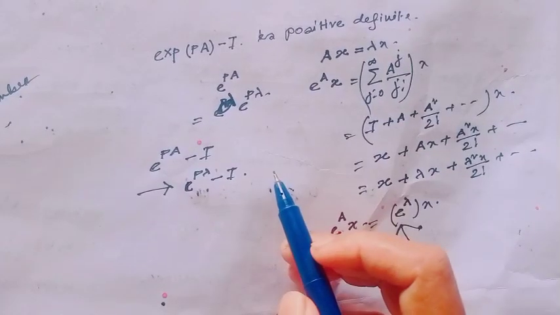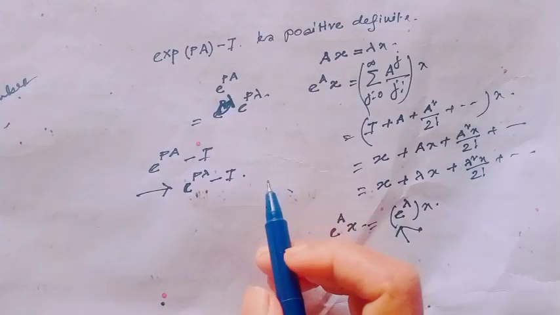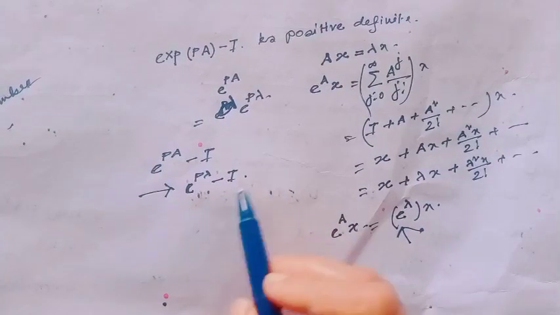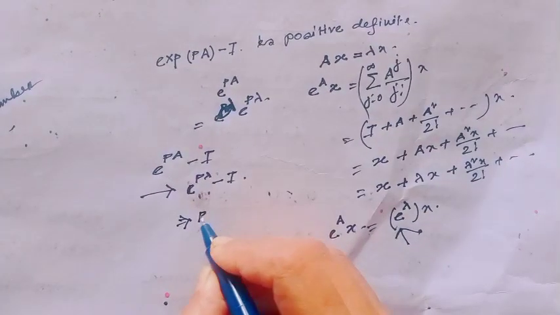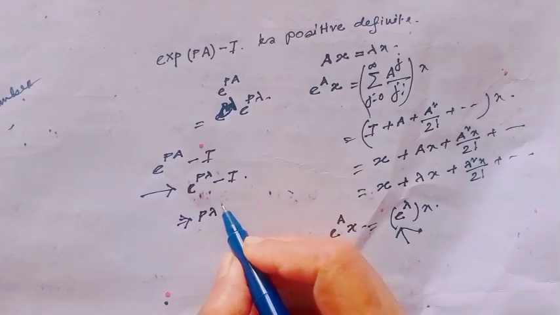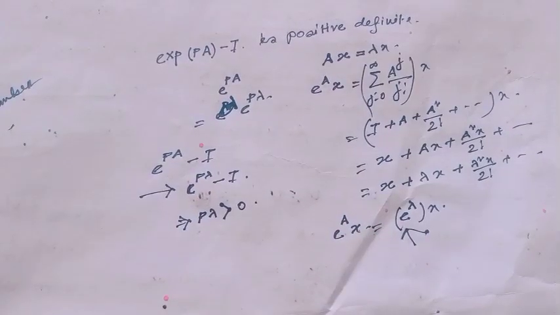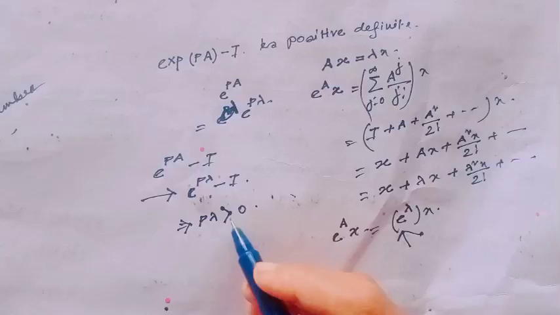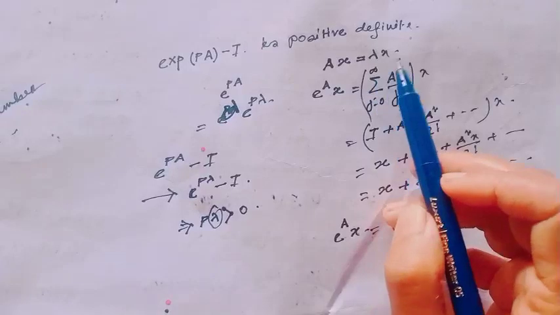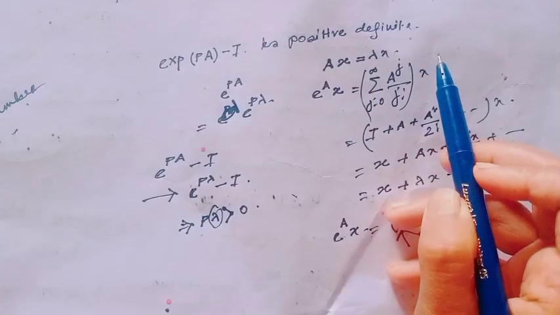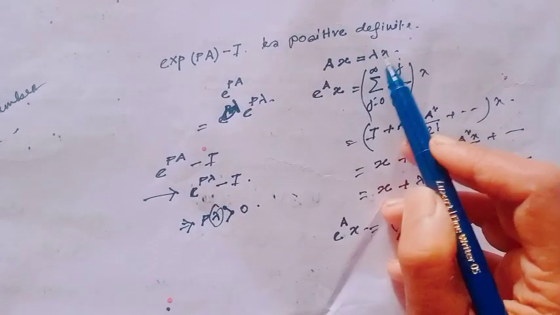For positive definite, we have to prove this eigenvalue is always positive. That means if we take log on both sides, then this implies p lambda, and if this is positive definite, then we have to prove this is greater than 0. But p is any positive number, and lambda is the eigenvalue of A. Given A is a real 4x4 symmetric non-singular matrix, lambda can be positive or negative.